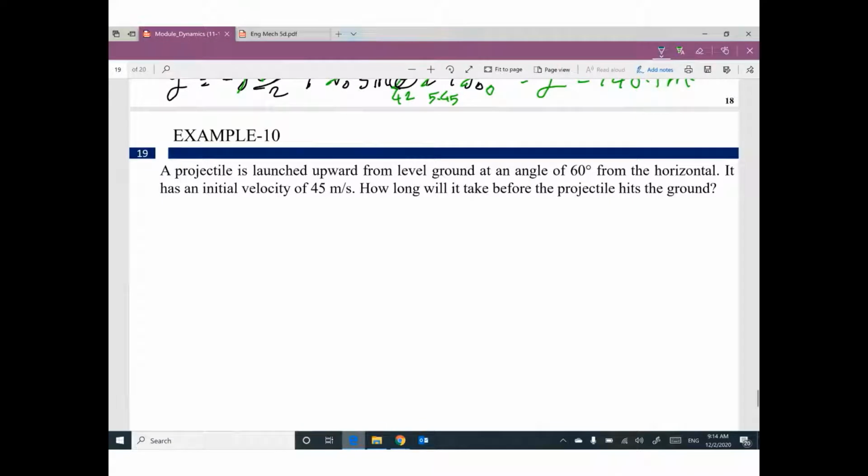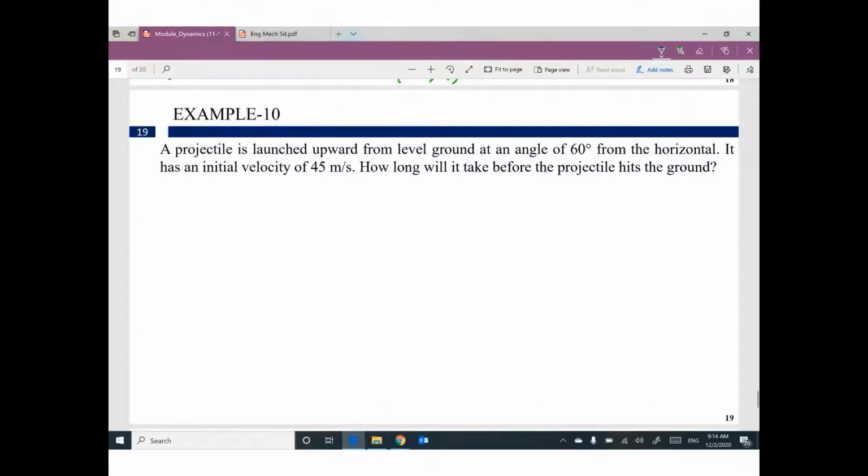Let's see. We have a projectile launched upward from level ground at an angle of 60 degrees. So we have a leveled surface. At this location, we have a projectile launched upward with initial velocity equal to 45 meters per second.